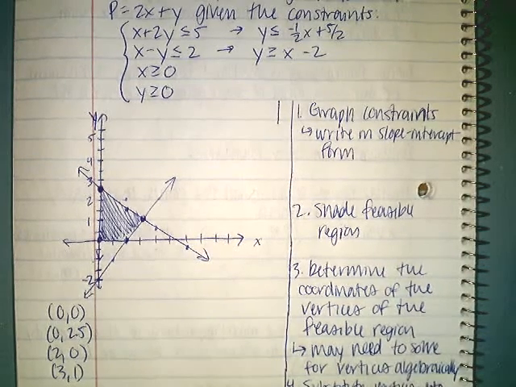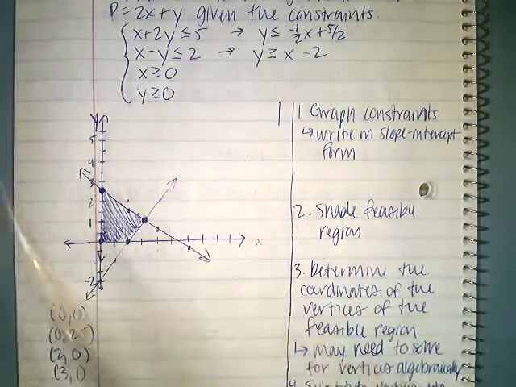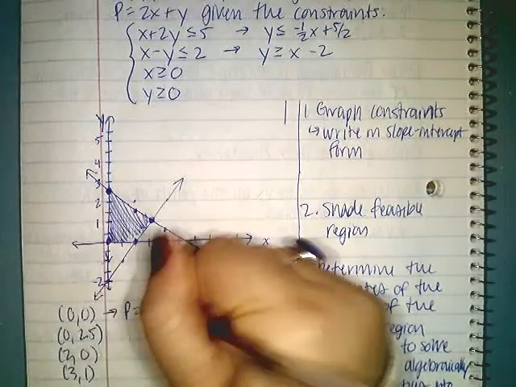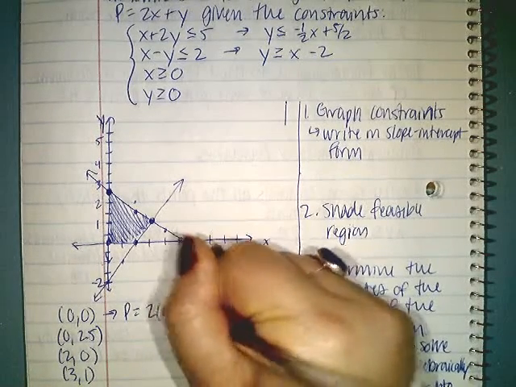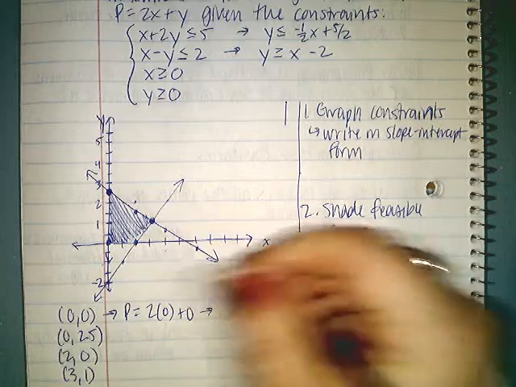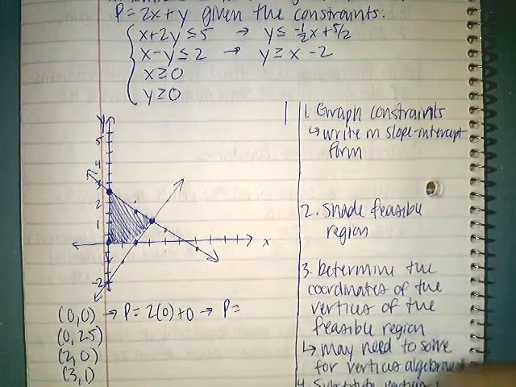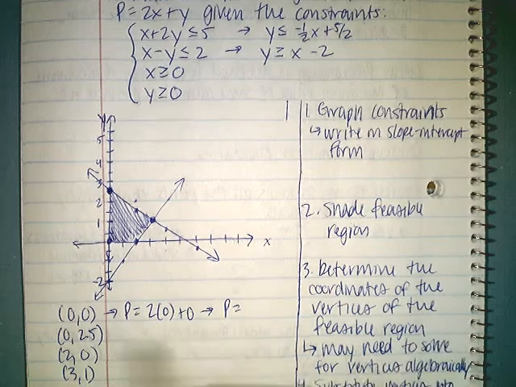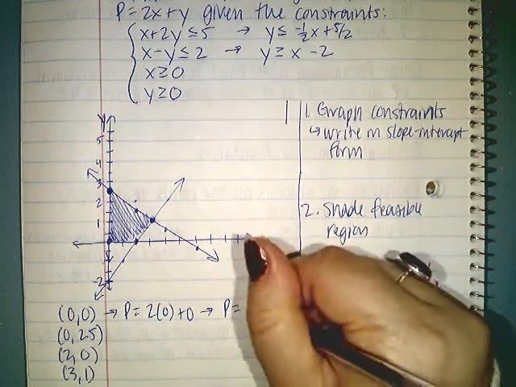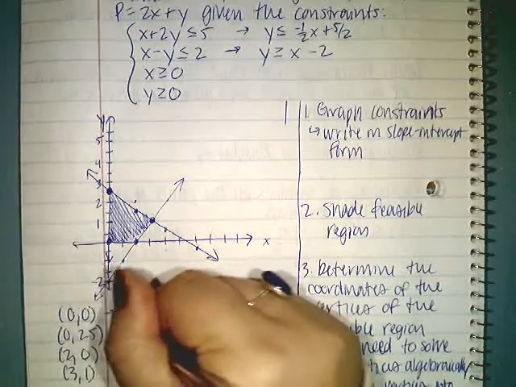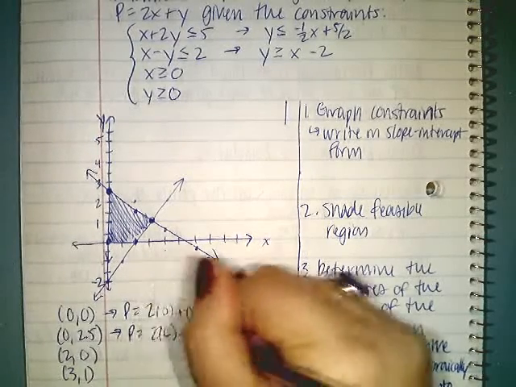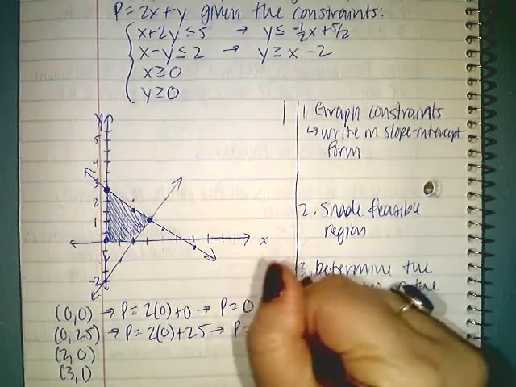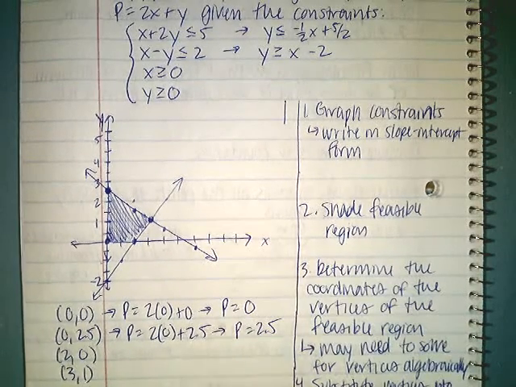I'm trying to see which one of these, when I plug it in, will give me the largest value for P. So I'm going to say P, in this first one, P equals 2 times 0 plus 0, which ends up with P equals 0. The next one I plug in, I get P equals 2 times 0 plus 2.5, which ends up with P equals 2.5.